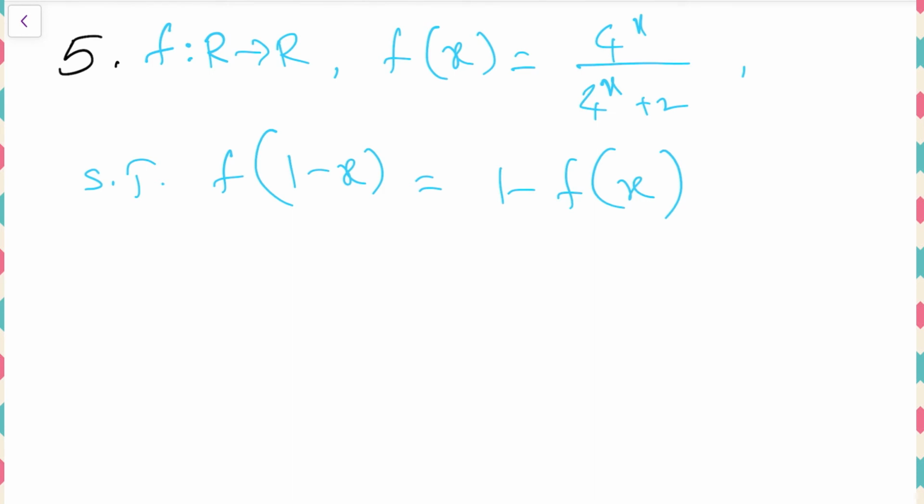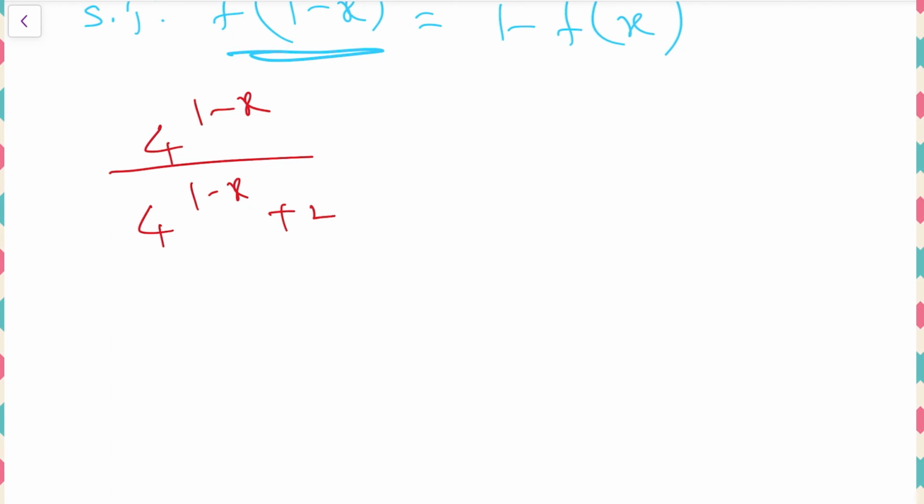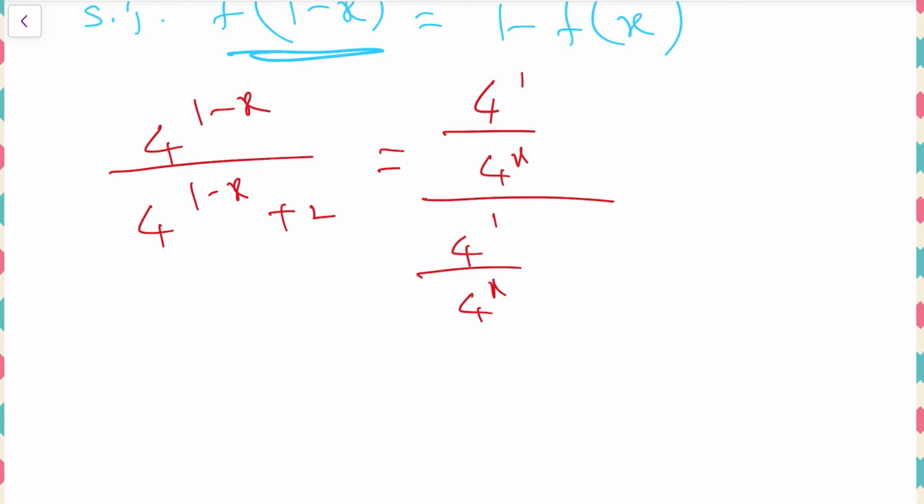Okay, now let us take the LHS, that is f of 1 minus x. Wherever we have x, we need to substitute 1 minus x: 4 power 1 minus x divided by 4 power 1 minus x plus 2. 4 power 1 minus x is nothing but 4 power 1 by 4 power x, divided by, again 4 power 1 minus x is 4 power 1 by 4 power x, plus 2.